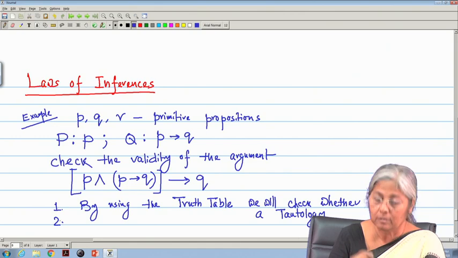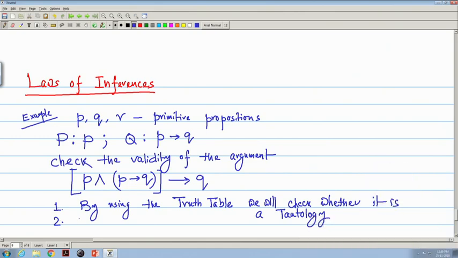The second method is by applying more than one law of logic.